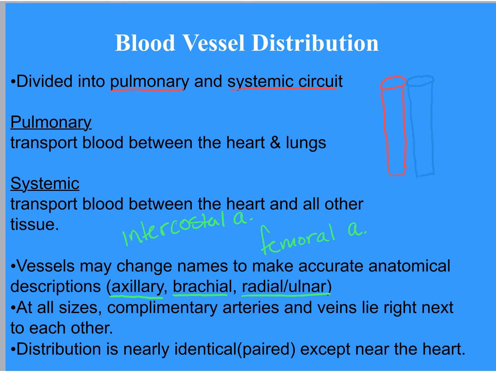And this serves a couple of purposes, and one of them is heat exchange. If you think about arteries carrying warm core blood away from the heart, or away from the torso, what happens to that blood as it reaches the periphery? It cools down a little bit. That blood is losing heat as it's traveling towards the periphery.